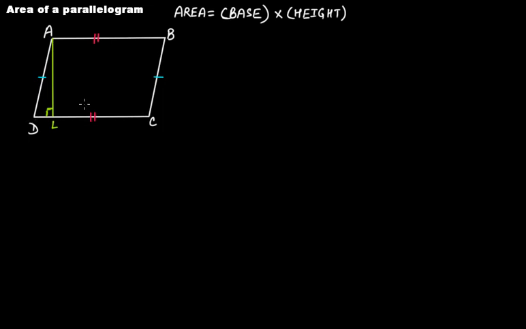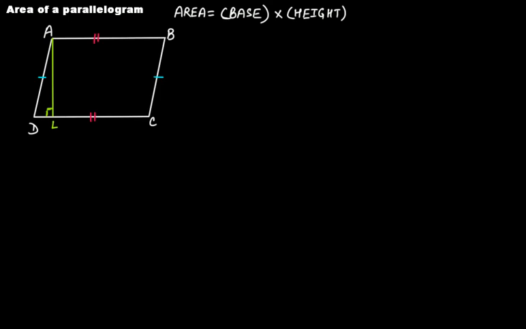Height means AL, the height or altitude or perpendicular drawn from this point. It's making 90 degrees with this side CD, that is the base. So CD times AL. If you know the lengths of these two, that is the altitude or height and the base, then you can tell the area. Now don't worry, we are going to solve some problems related to the area of a parallelogram in this tutorial only.